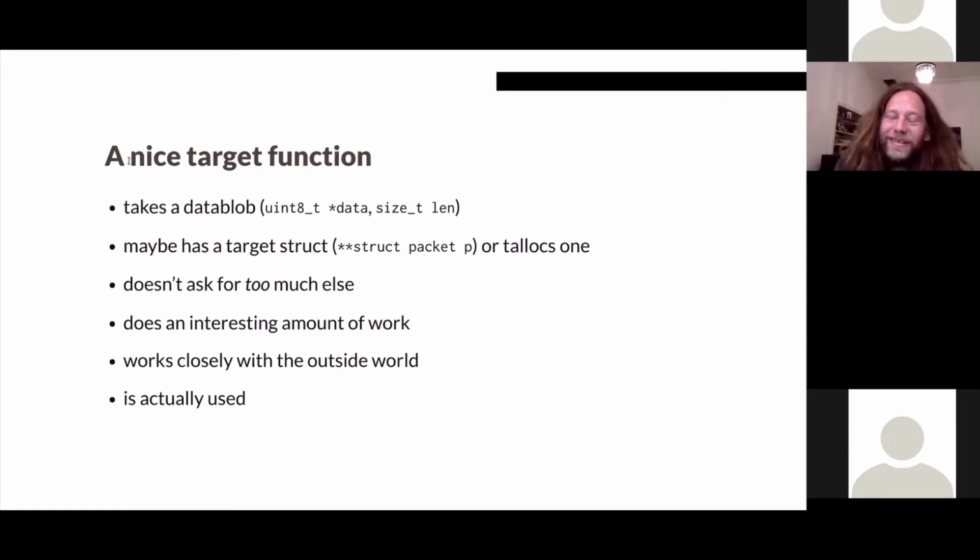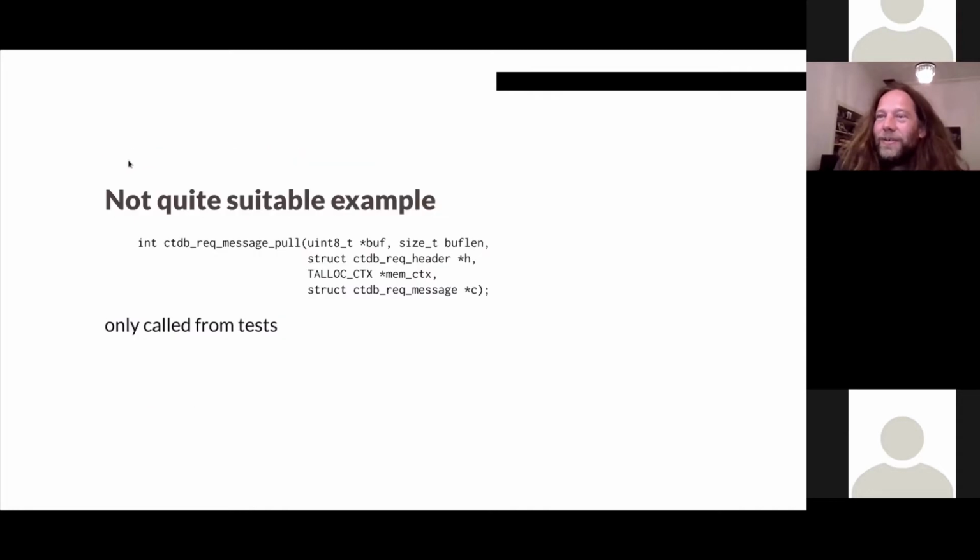And there are things that aren't actually used, like there's this one I thought would be a good example. I decided against it for a couple of reasons. One is it's only used in tests, but this function branches out into a whole lot of other pool functions.